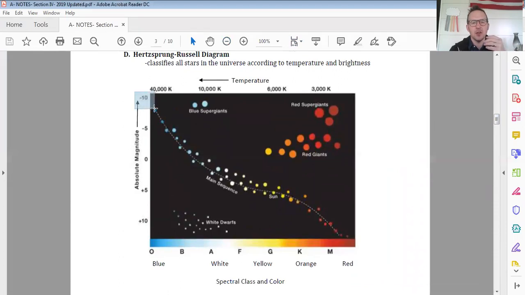Remember, for magnitudes, the negative numbers are actually brighter, and the positive numbers are actually dimmer. So we would have very hot, very bright stars up in this corner, very bright but very cool stars in this corner, very dim and cool stars in this corner, and finally over here at the lower left, we would have hot and dim stars right there.